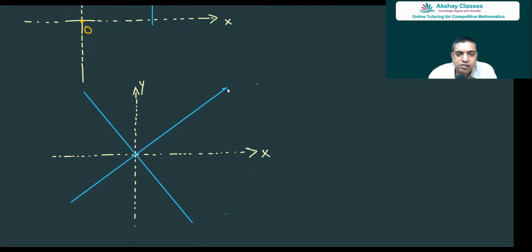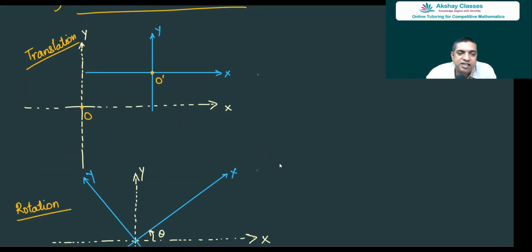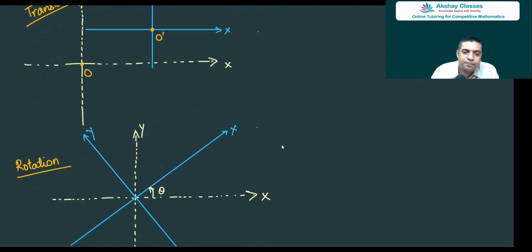So the x-axis is rotated. Both the axes are rotated by an angle theta. So this is called the rotation of axis. Now the third case, translation and rotation, means you shift to a new origin, O dash, and then again there you rotate. So this is the third.